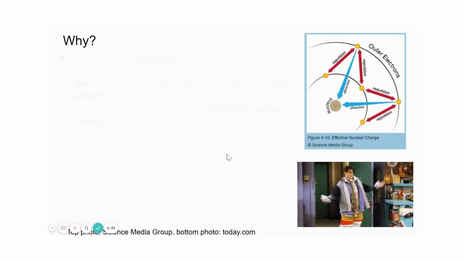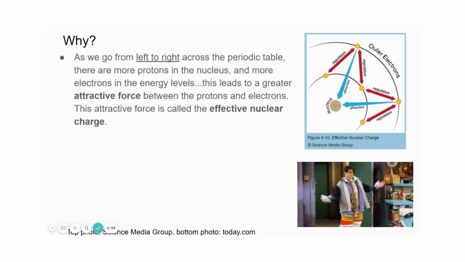As I go from left to right, I know I'm flipping it a little bit, across the periodic table, I'm adding more and more protons to the nucleus, and I'm adding more and more electrons into the outer energy level. This leads to a greater attractive force between the protons and the electrons.